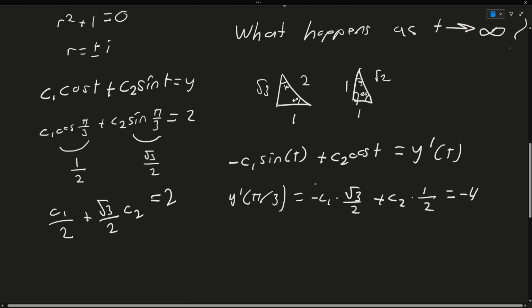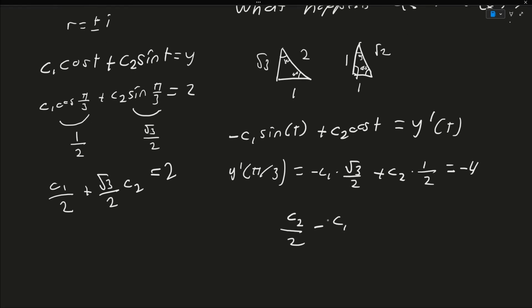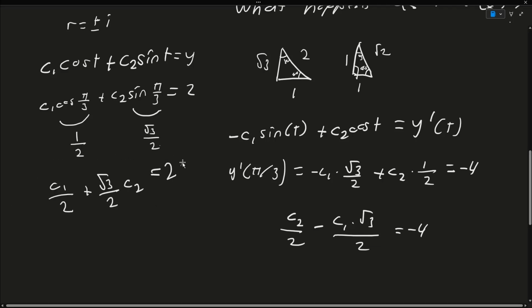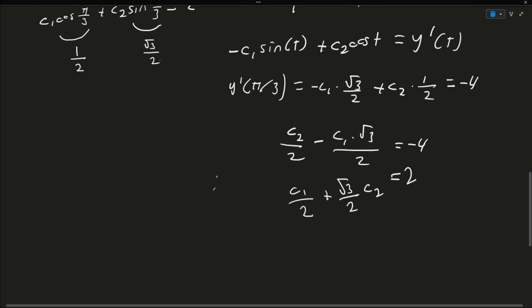So our two equations are c2 over 2 minus c1 times root 3 over 2 equals negative 4, and the other equation is this equation right here. Awesome. Now we have both equations.